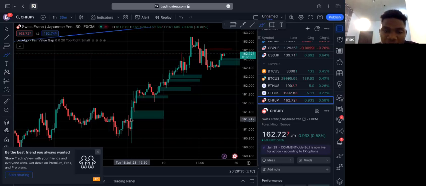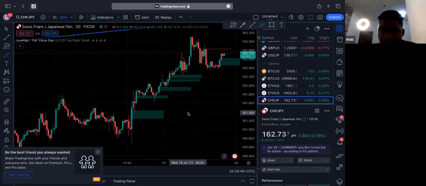Candle 1 stopped here. Candle 3 stopped here. The gap that exists between where candle 1 stopped and where candle 3 stopped is called fair value gap. Did we get it now? Did we? Yes. Okay, so good. I guess we are good to go.